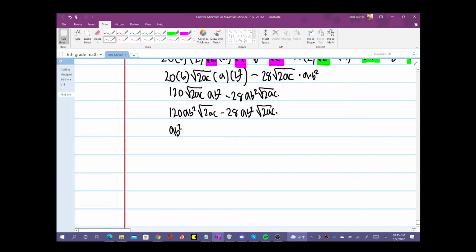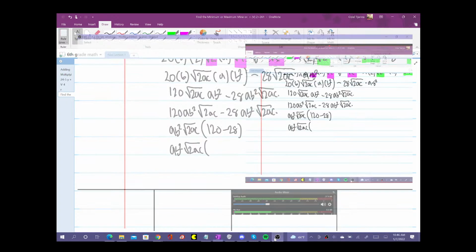We can take out an ab squared square root of 2ac times 120 minus 28, which is, give me a second, guys.